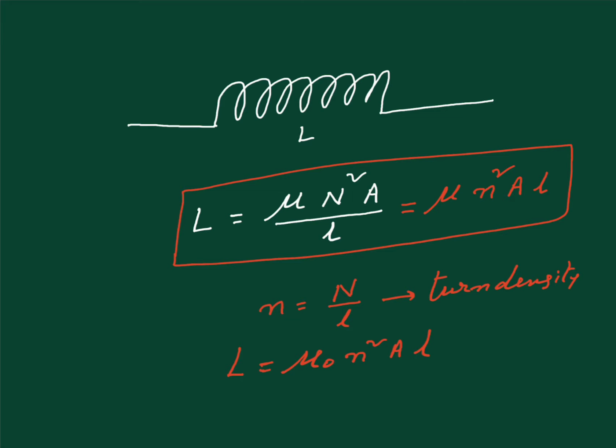What is small n? Turn density, number of turns per unit length. So the self-inductance is proportional to length if number of turns per unit length is constant, or inversely proportional to length if number of turns remains constant.